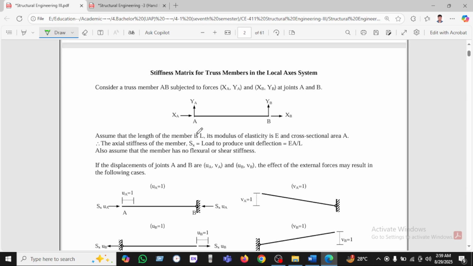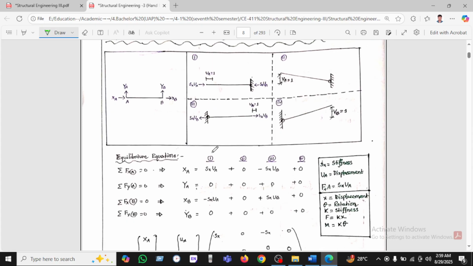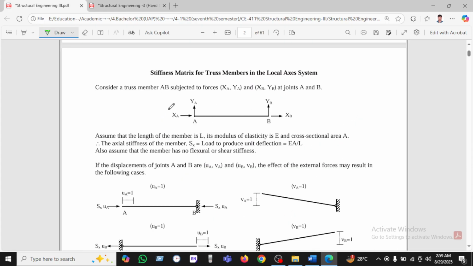Okay, now we can see the stiffness matrix for a truss member in the local axis system. So let's go to the local axis. Consider the truss member AB, subjected to the forces XA and YA, and XB and YB at joints A and B respectively.